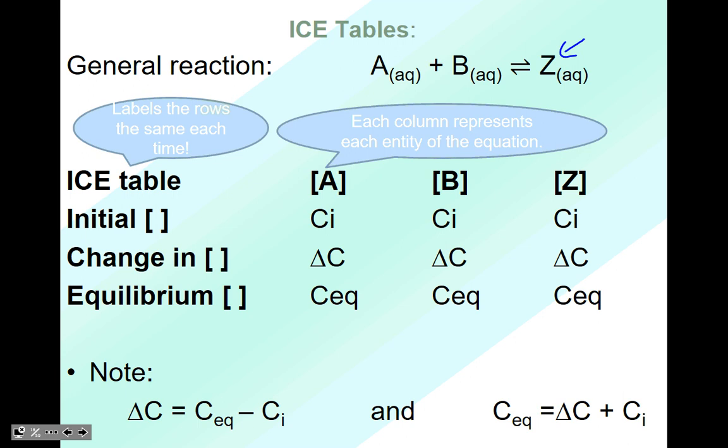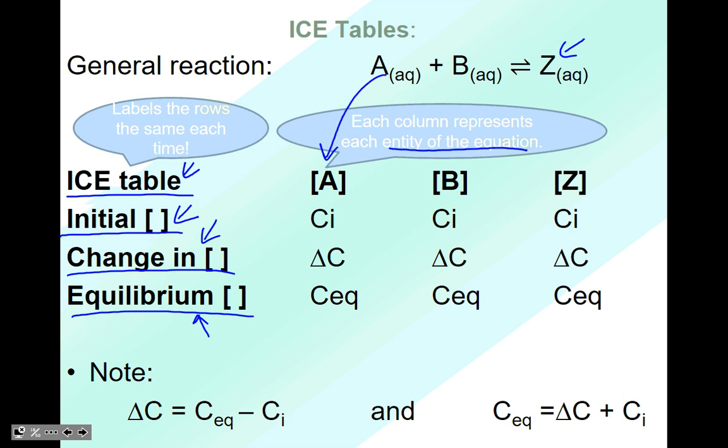So when you're labeling your rows, it's always your ICE table. Your first row is always your initial concentration of the reactants and products. Your second row of the data collecting is your change in concentration. And the last row is always your equilibrium concentration of everything. How do you label your columns? Each column represents each entity of the equation.